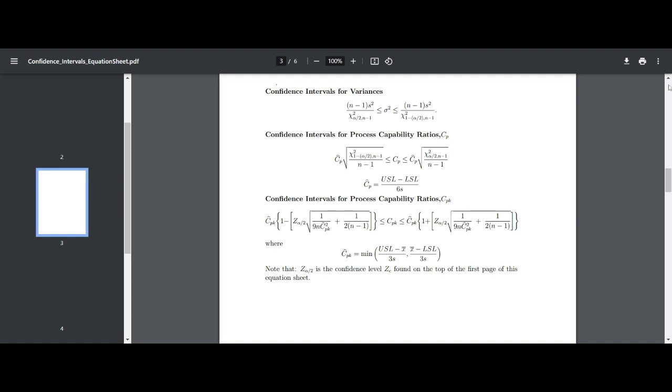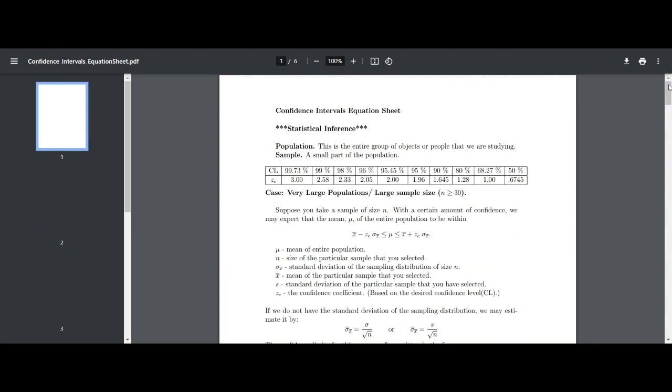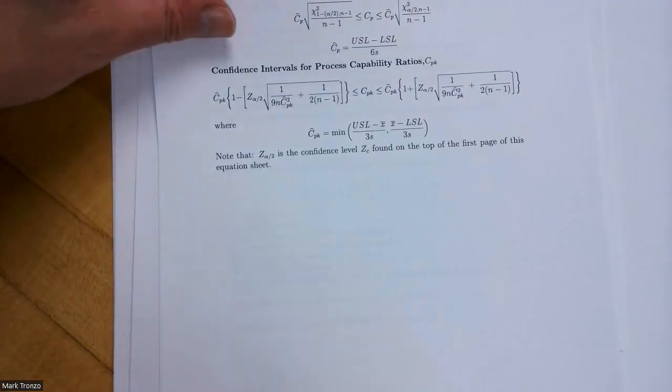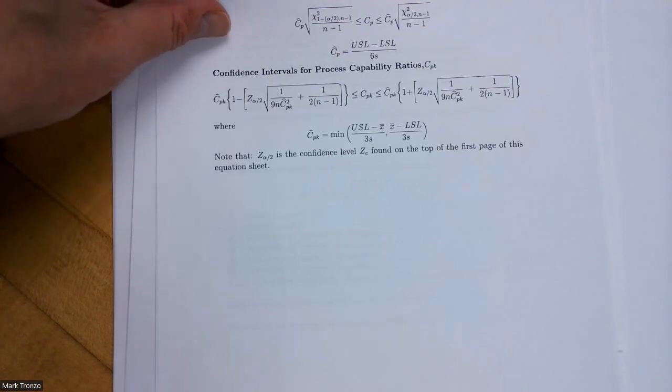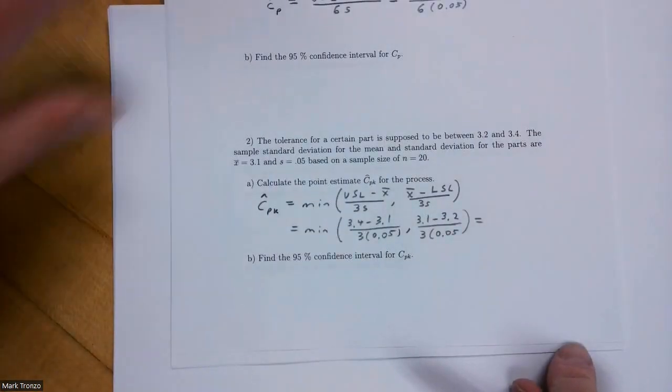You can find these at the top of that equation sheet. Like here, for 90%, ZC is 1.645, and for 95%, it's 1.96. It's just those regular Z values. You can do that for the first assignment.